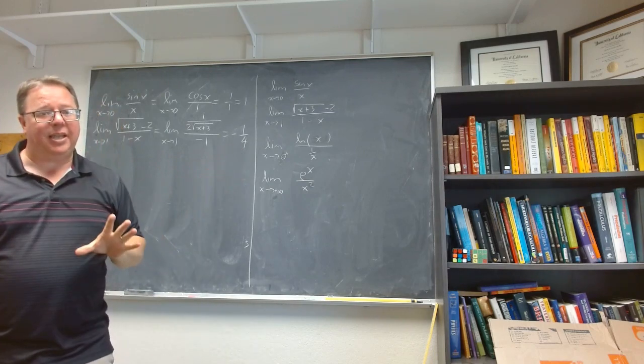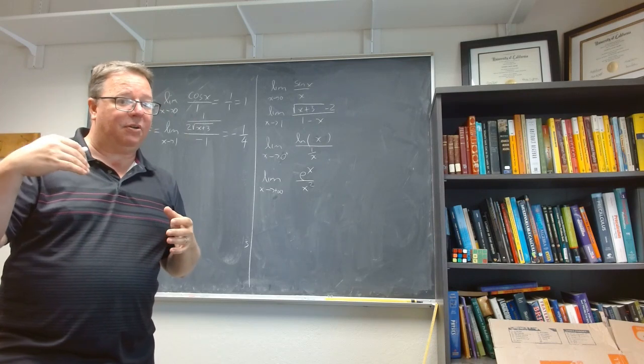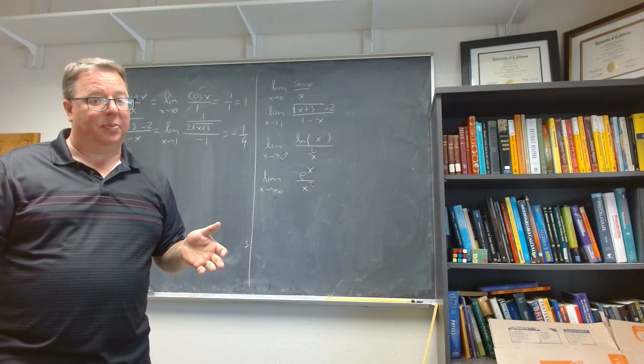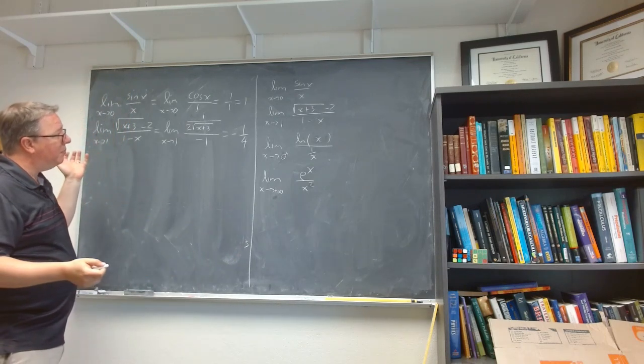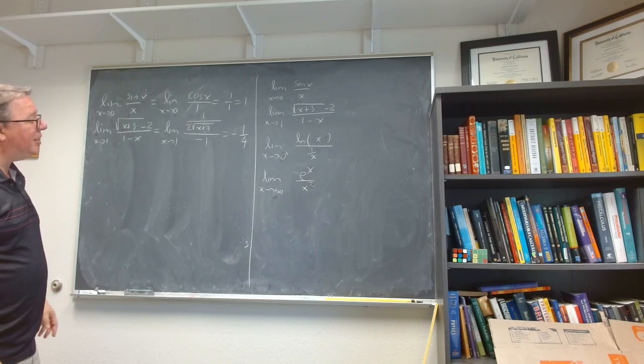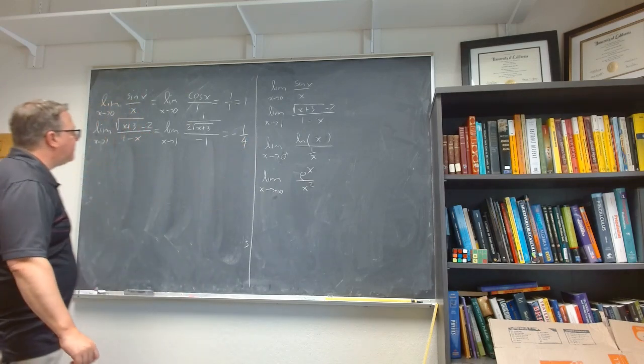This is what I mean by saying that if your form is 0 over 0, you don't know what it's going to do. Anything is possible. So this is really, really powerful for handling a whole family of limits we could not do before. Let's move to the third one.